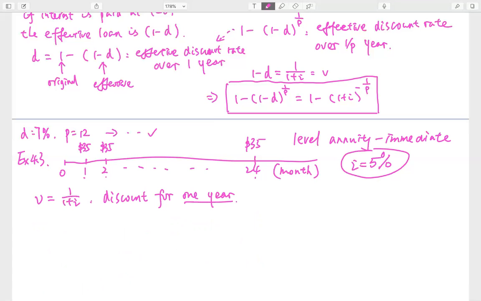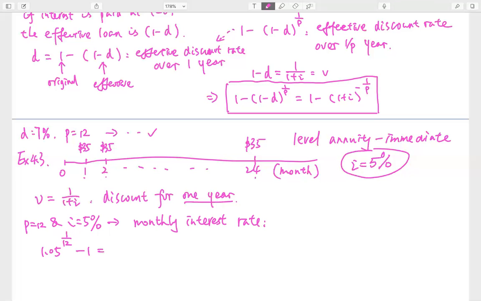Now we have p is 12 and i is 5%. So we can get the monthly interest rate, using the formula we just worked with, 1.05 to the power 1 over 12, minus 1.